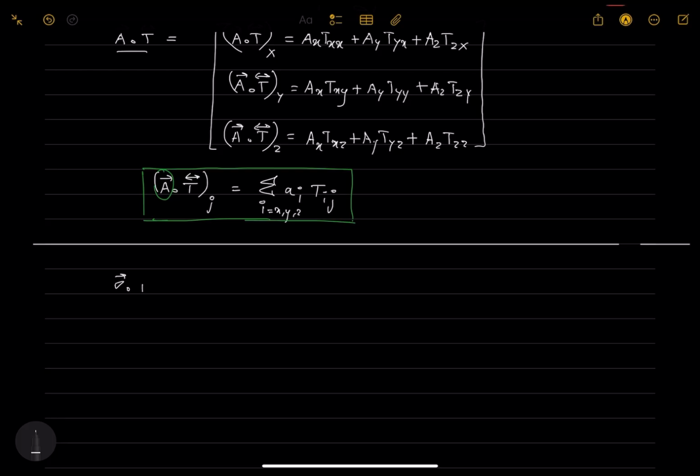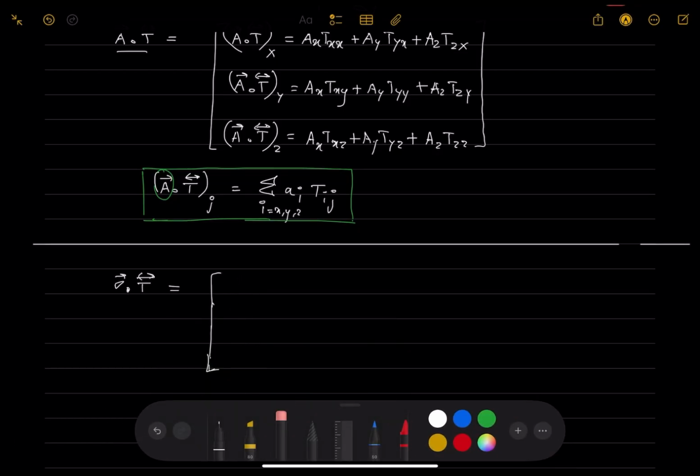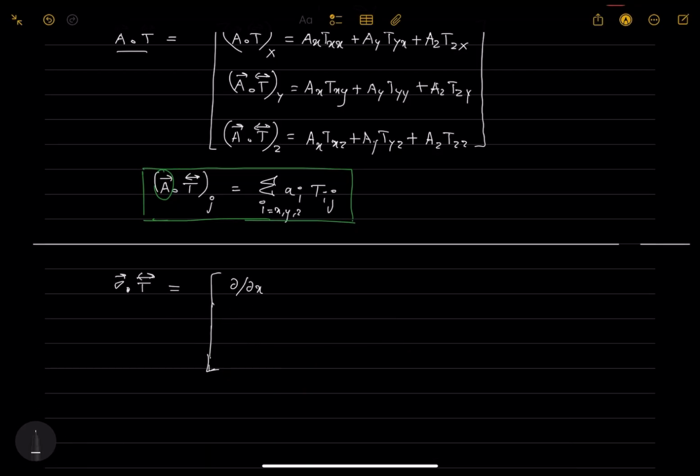So the divergence of this Maxwell stress tensor is basically going to be the dot product between the del operator and the tensor. I hope you know what the del operator is: d over dx, d over dy, and d over dz.